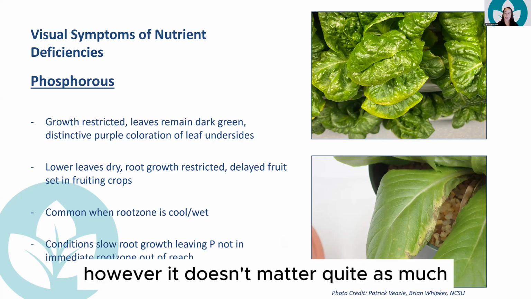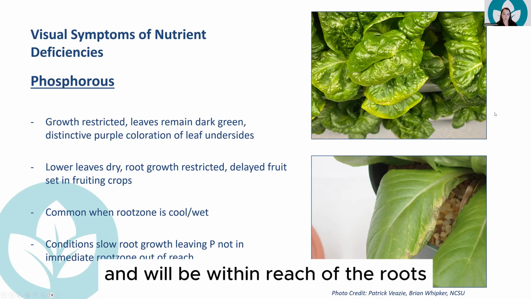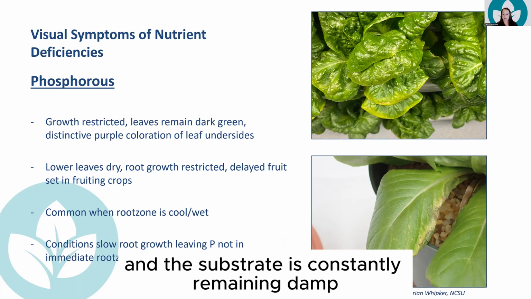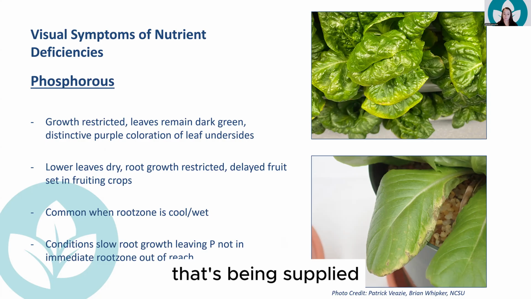However, it doesn't matter quite as much because the phosphorus does move with the water and will be within reach of the roots. Now, if you're growing in some type of a substrate and the substrate is constantly remaining damp, then those plants may struggle to take up the phosphorus that's being supplied.